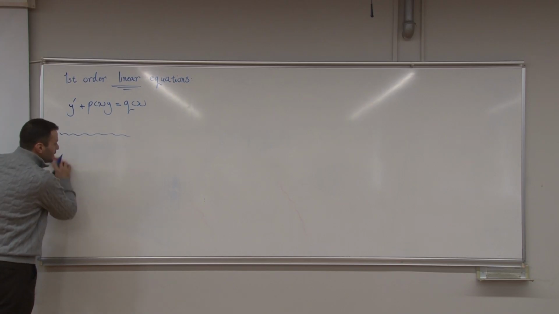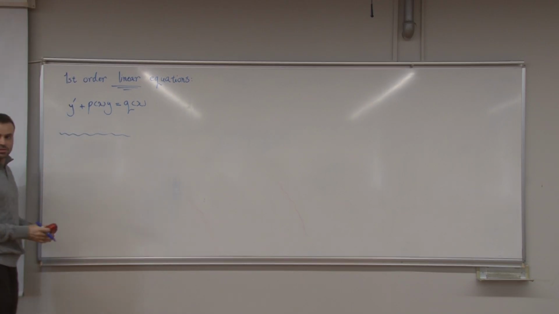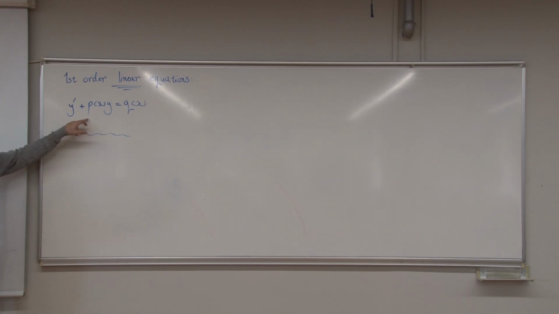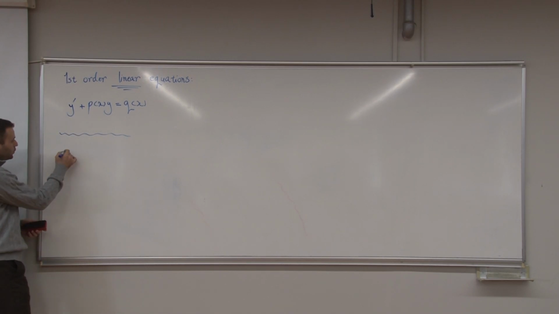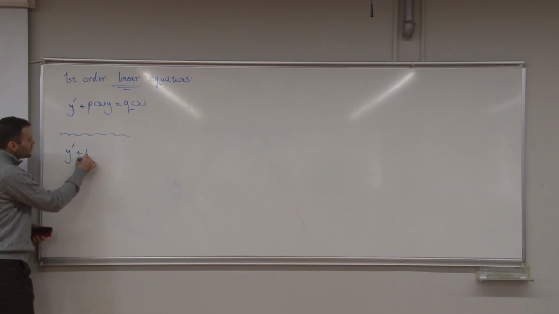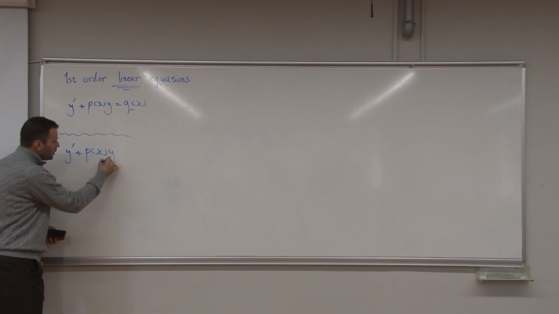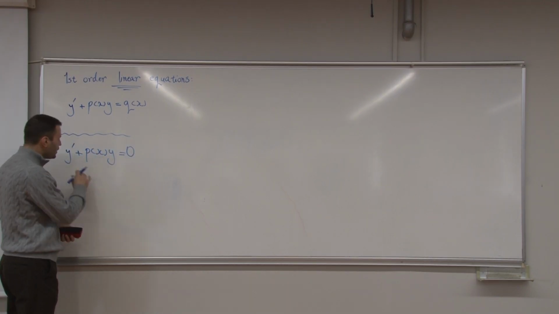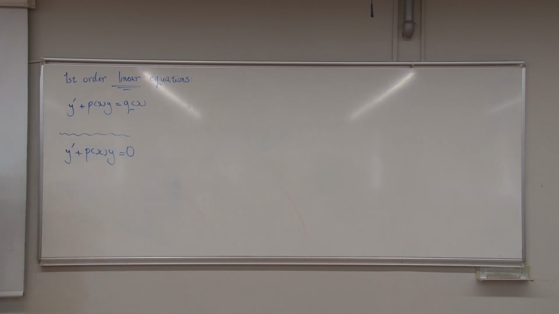What is the next level that we can add to this structure? Start adding non-constant coefficients. For instance, y prime plus p of x y equal to 0. If you have this kind of an equation, how are we going to solve it?